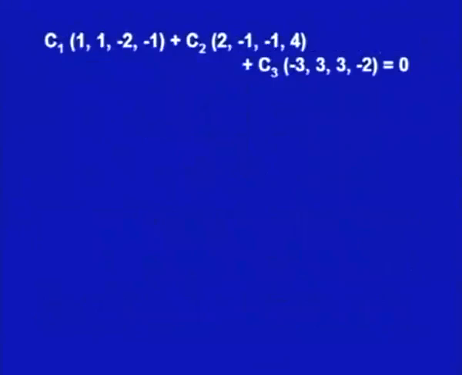Start with the linear combination C1 first vector plus C2 second vector plus C3 third vector is equal to 0.